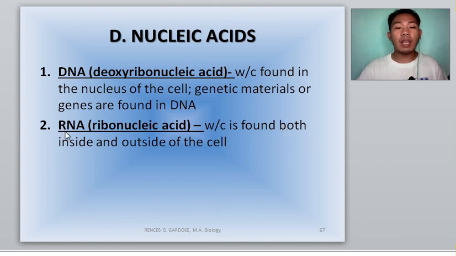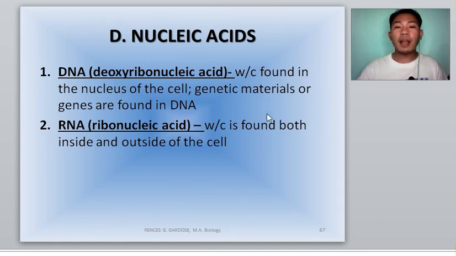Also, we have the RNA, or ribonucleic acid, which is found both inside and outside of the cell. We have different types of RNA: messenger RNA or mRNA, transfer RNA or tRNA, and ribosomal RNA or rRNA.